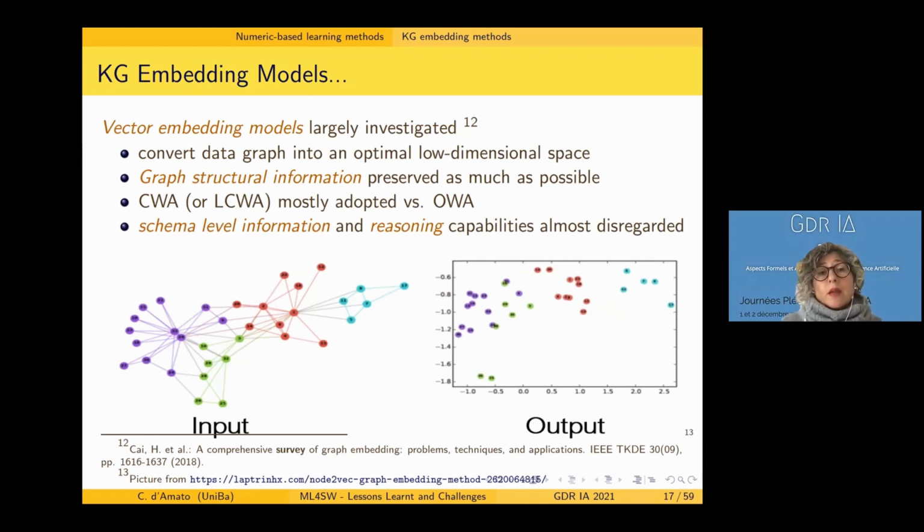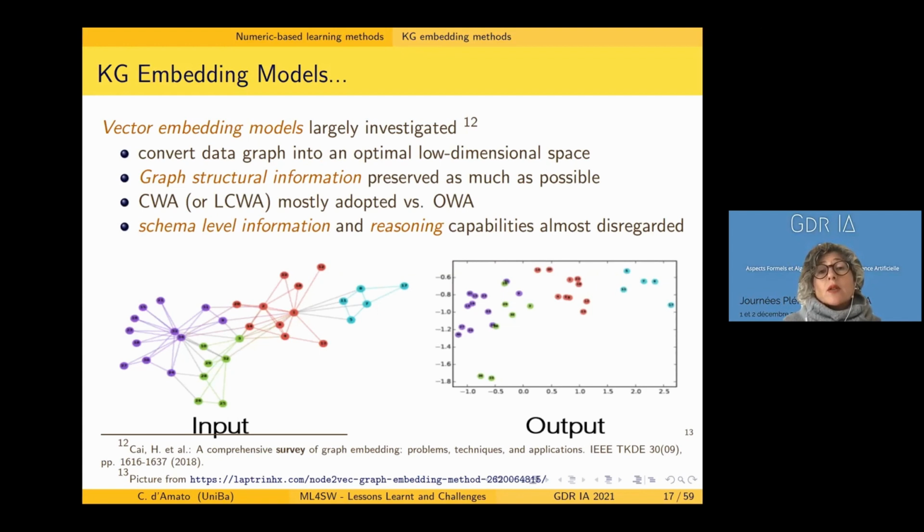Knowledge graph embedding methods mostly convert a data graph into an optimal low-dimensional space, where performing knowledge graph refinement tasks is easier. And this conversion is made in a way that graph structural information is preserved as much as possible.